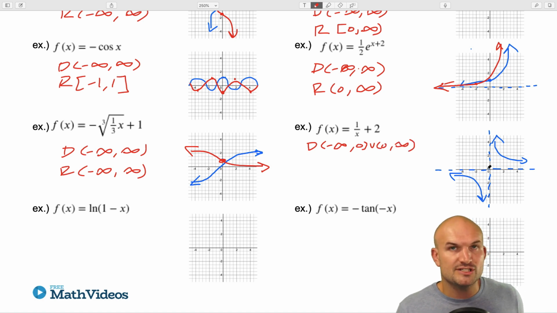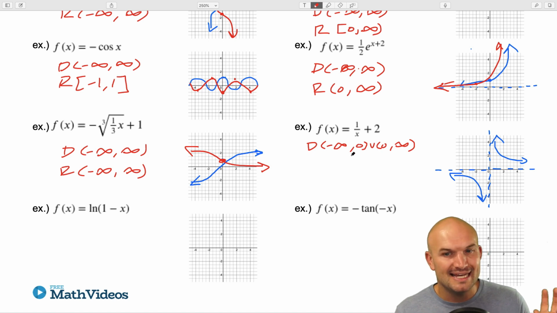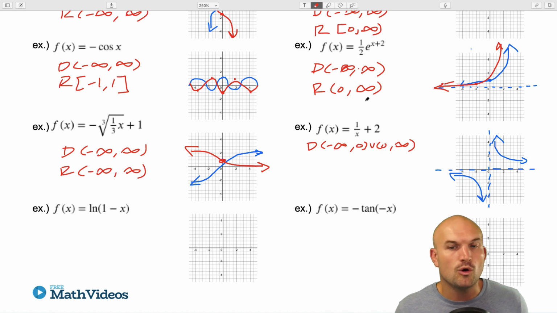Now, if I shift this graph up or down, or if I stretch it up or down, is that going to impact my domain? No, right? The only way the domain is going to be impacted is if the graph is being shifted left or right. Stretching or compressing or shifting the graph up or down is not going to impact my domain. However, the range definitely is going to be impacted, right? Because you can see this graph is being shifted up 2 units.